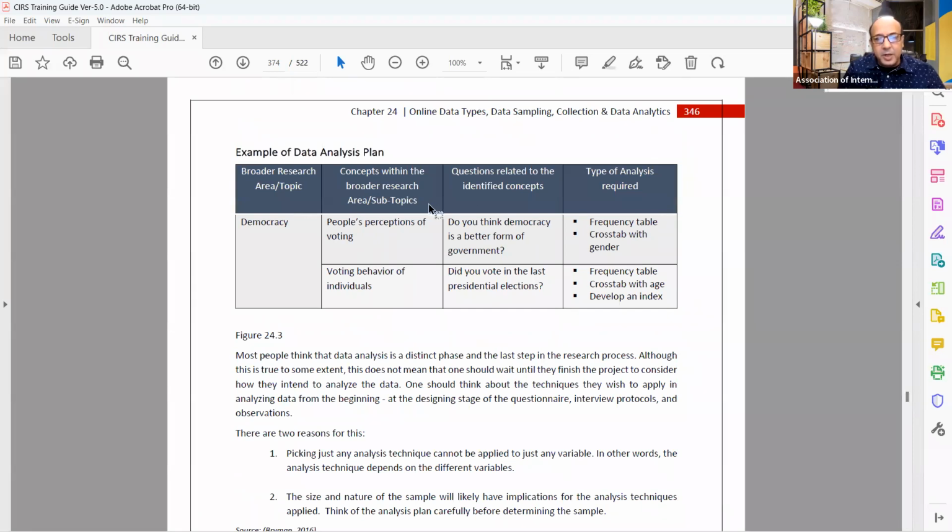So, an example of a data analysis plan. For example, the research can be broad, it could be exploratory, it could be specific to a problem, or it would just simply be management for the purpose of management reporting.